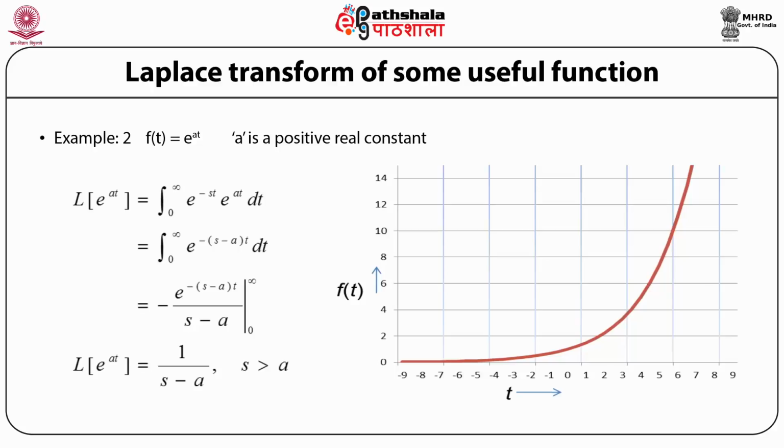Once you apply the integration, it will become minus 1 by s minus a outside, then you will get e power of minus of s minus a times t applied between 0 to infinity. When you apply the limits, you will get Laplace of e power at is equal to 1 by s minus a, s greater than a.